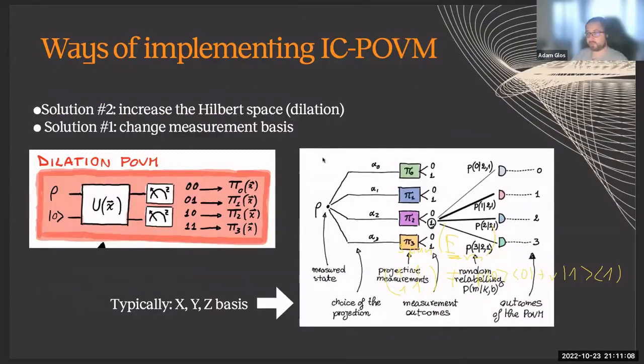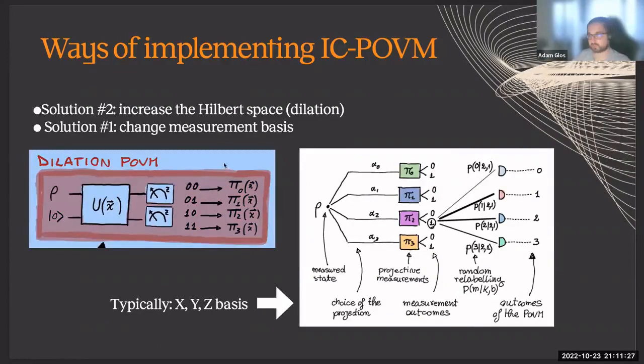Okay, so how can we implement these POVMs? Well, there are for sure multiple ways. I will present two of them, which were in particular considered in our company. One way is by expanding the size of the Hilbert space.